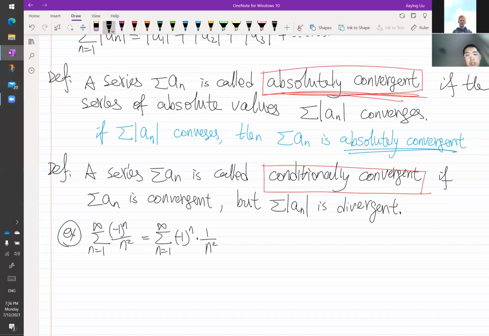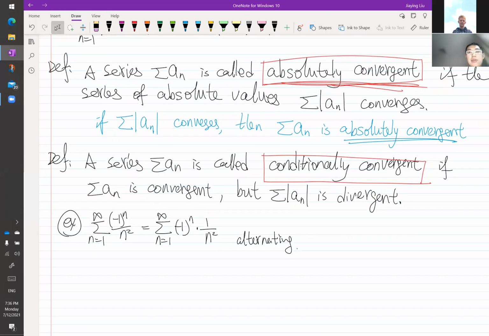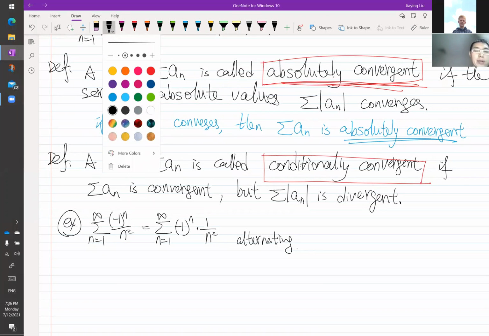If we just consider this is the alternating series, we can try to figure out whether it's convergent or divergent. And it turns out that if we follow the alternating series test, this one is convergent. But let's try to take a different approach by looking at one of those definitions, the first one.